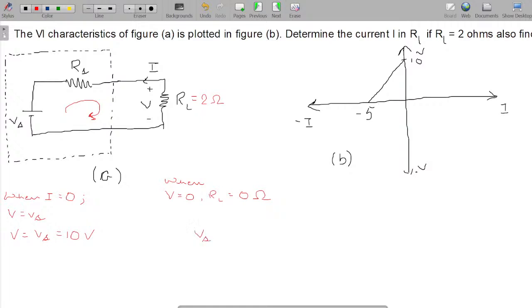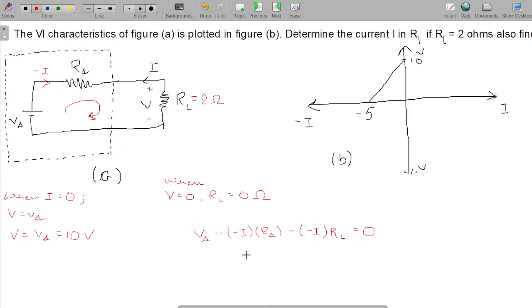Can I write Vs minus I times Rs minus I times RL equals 0. See, if I flows in this direction, can I say minus I would be flowing in this direction, and minus I is the direction of our loop. So if I say plus Vs, then it would be minus Is times Rs, and again minus Is times RL.